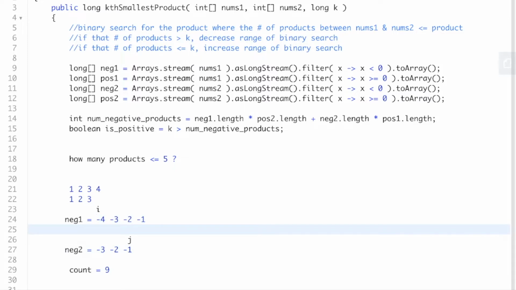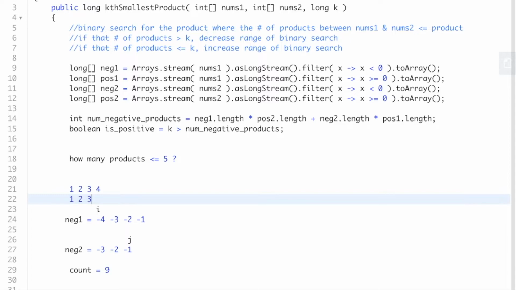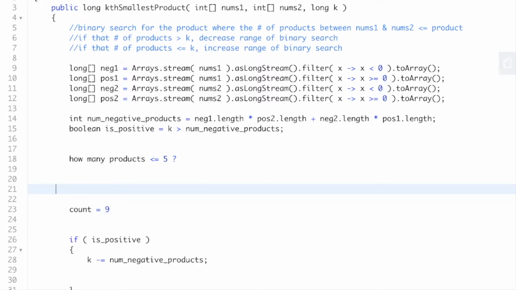But notice that 4, 3, 2, 1 is decreasing. If we were to pretend these signs weren't here, this would be decreasing. So we actually want to reverse the negative numbers, in order to have the same behavior as when we were messing around with the positive numbers to count the number of products. Okay, so let's get into it.